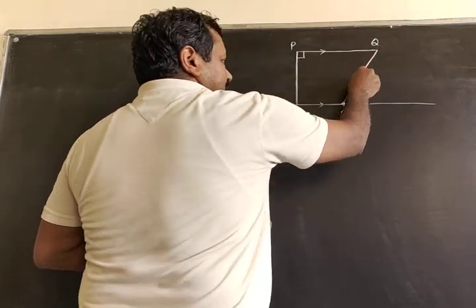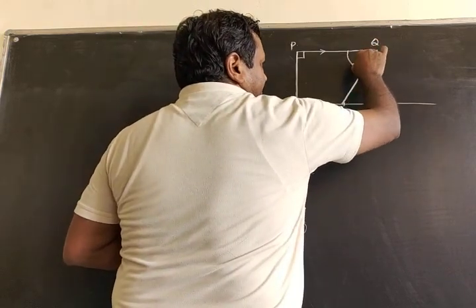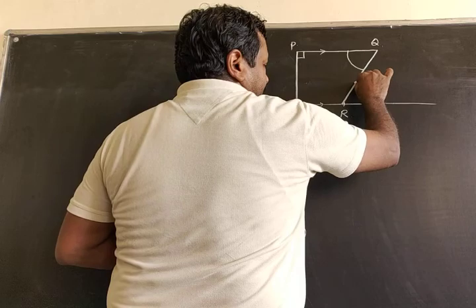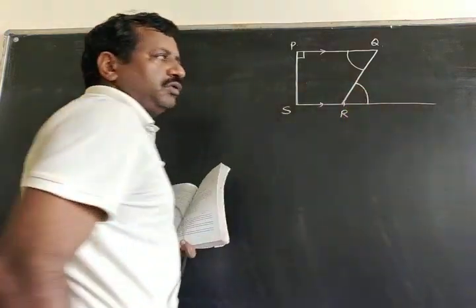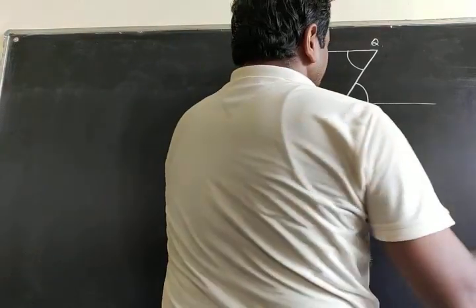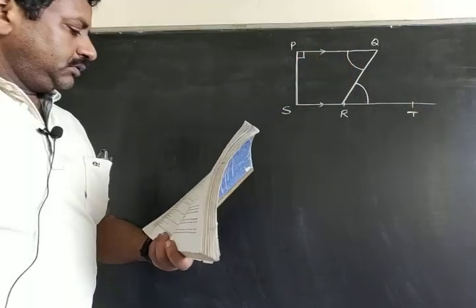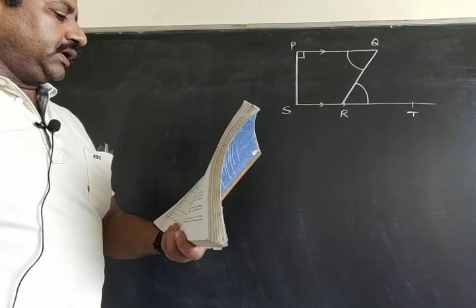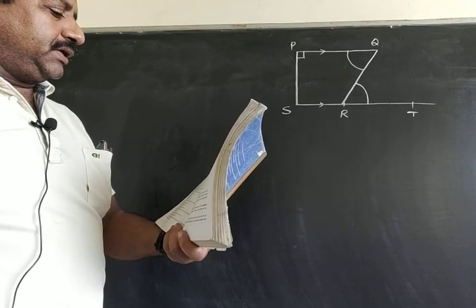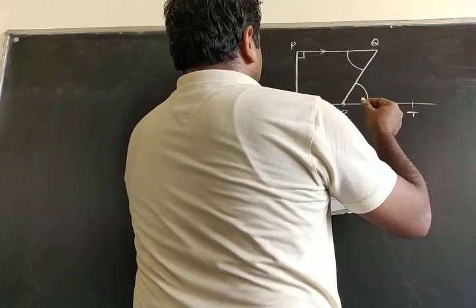When these two lines are parallel, remember that this complete angle will be equal to this complete angle because of alternate interior angles. And here it is T. But there is something different, that is SQR.